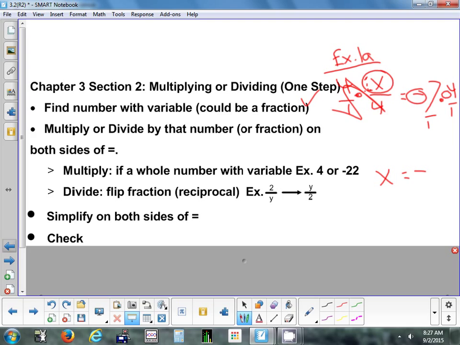This 7 times 4 is 28. Here's my -28. We just simplified. We did the math, in this case the multiplication. Now we're at that check part.